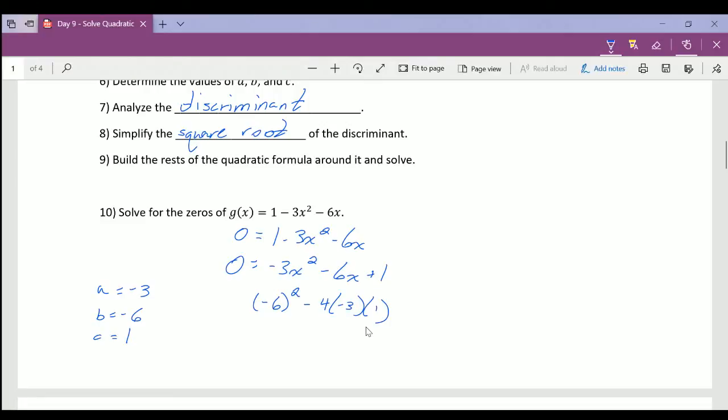Remember to use those parentheses. If you don't, this negative 6, you're going to end up with a negative 36, which is not what you're supposed to have. So you'll just end up getting the question wrong, and nobody really wants that. All right, so you can just pop that in the calculator exactly the way you see it. You should end up with, I believe, 48.